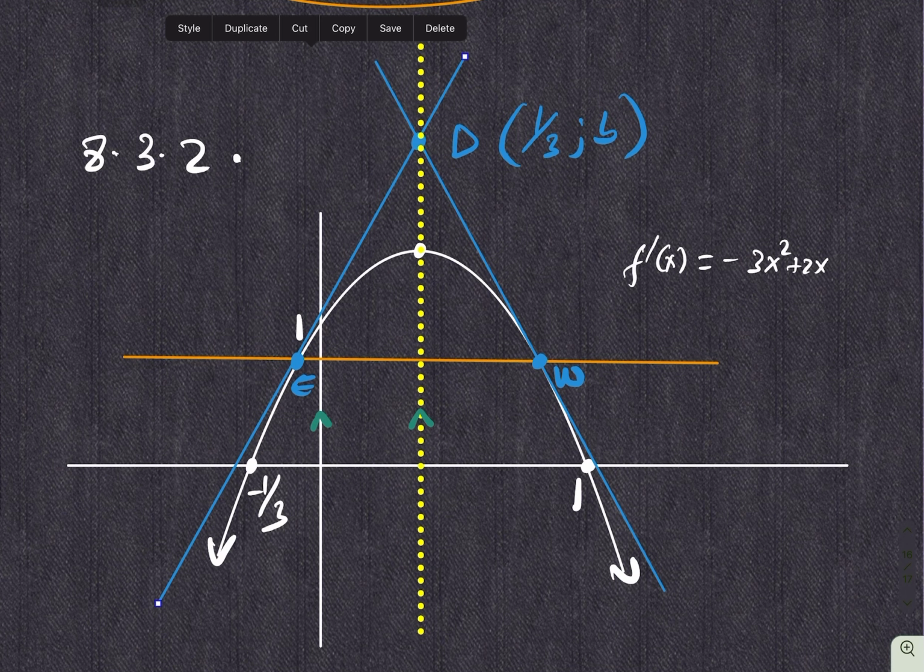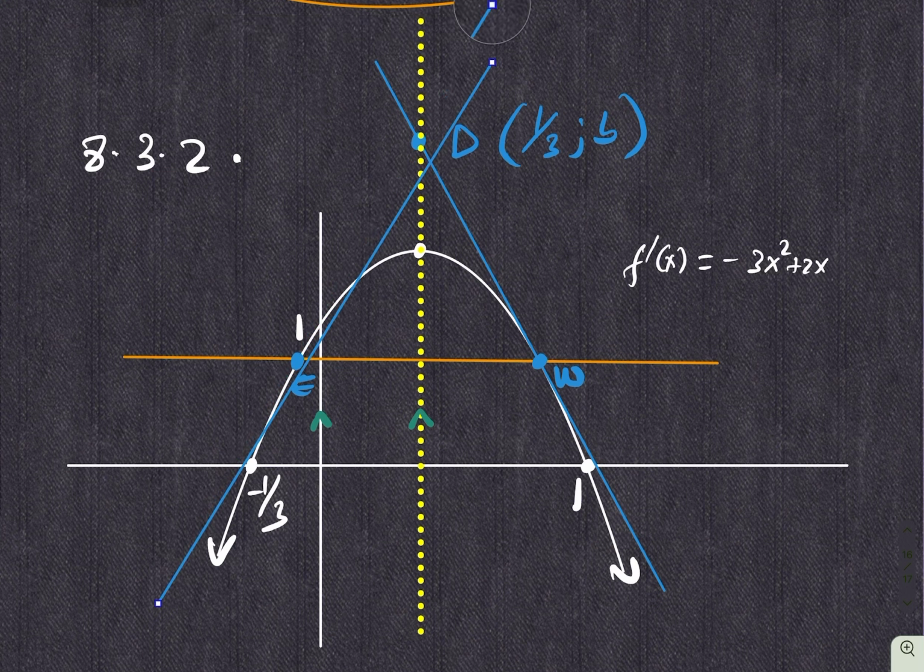So think about it, guys. If I move this graph H less than that value of B, I'm no longer going to be a tangent, but I'm going to be a secant.